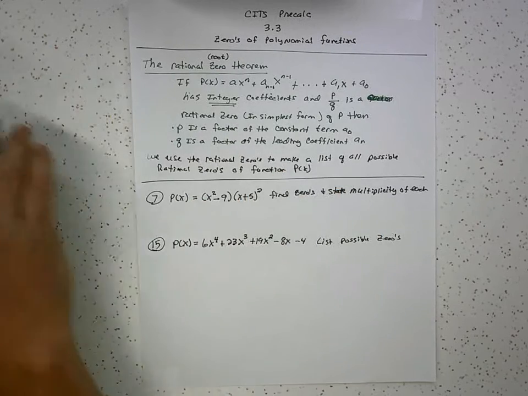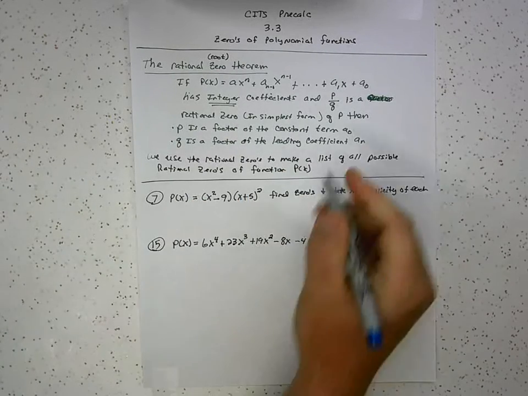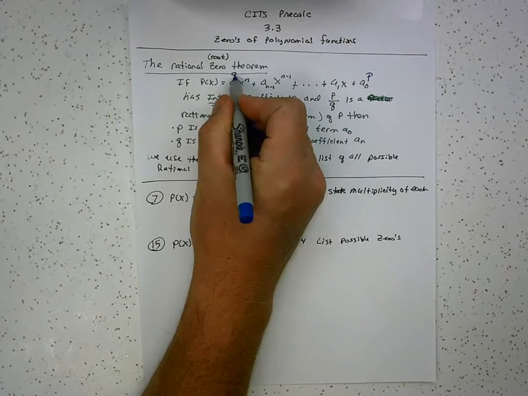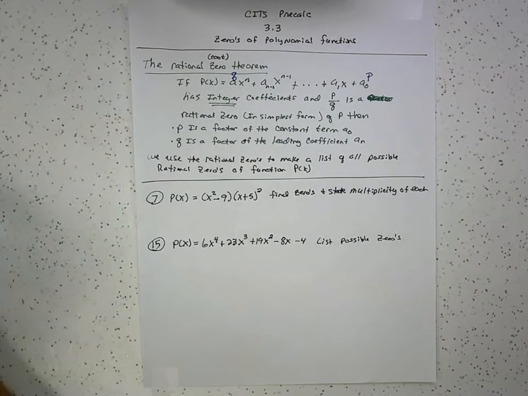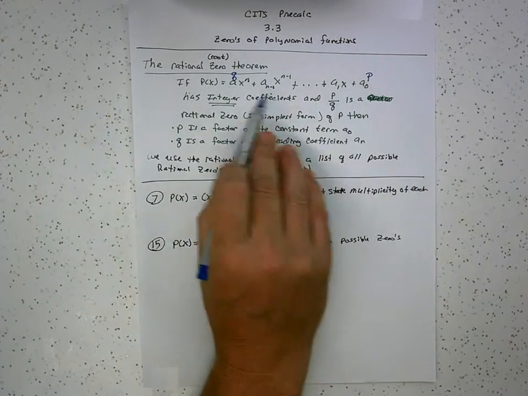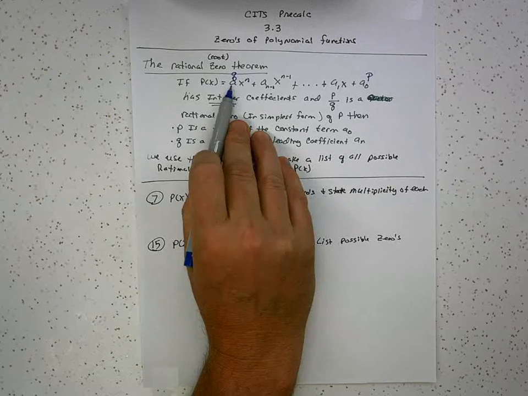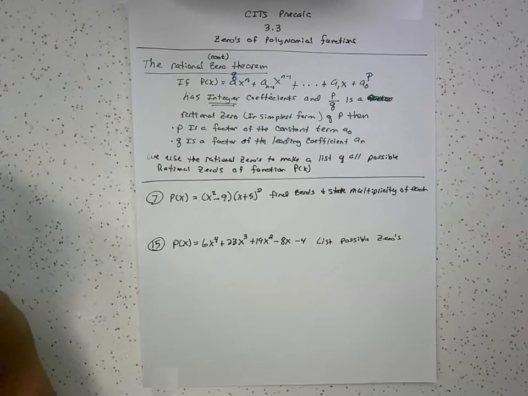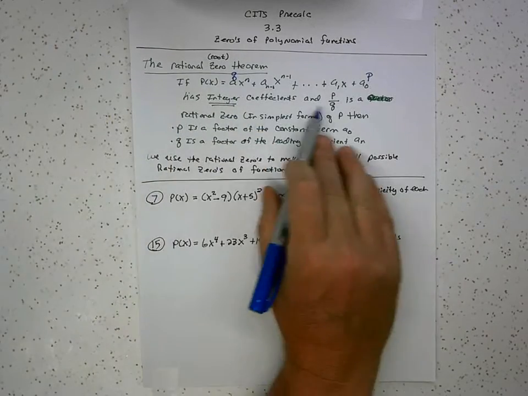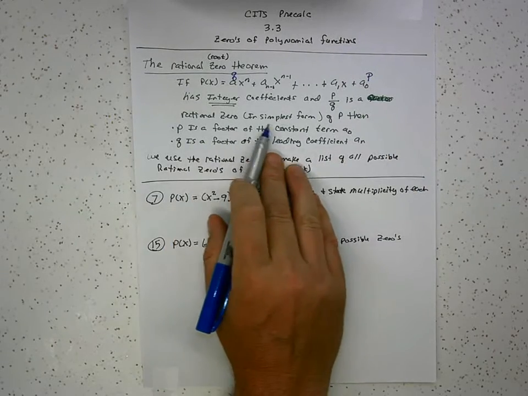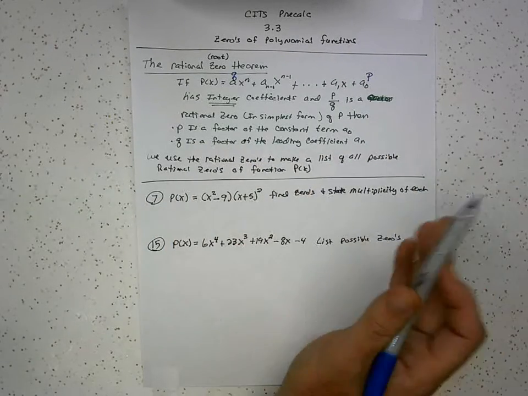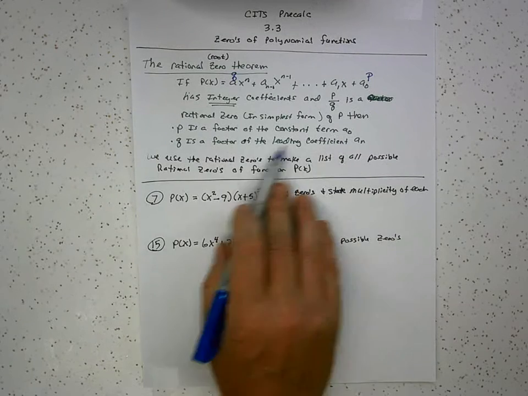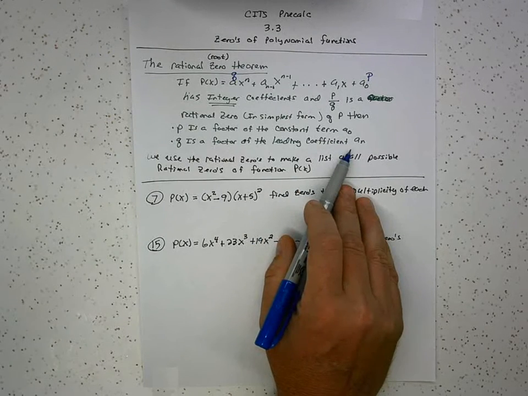Now when it says P over Q, this back here is your P, and this A is your Q. So the constant is P, the leading coefficient of the leading term is Q. And if P over Q is a rational zero in simplest form, then P is a factor of the constant term, and Q is a factor of the leading coefficient.